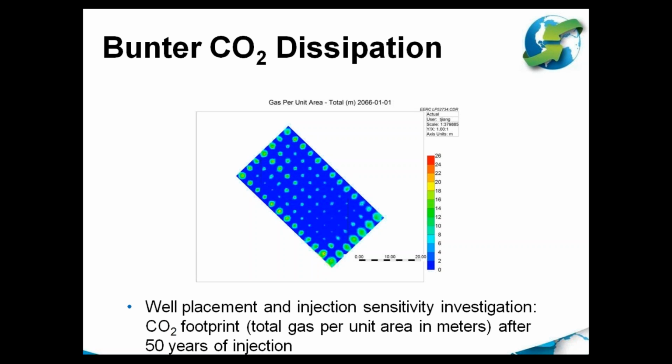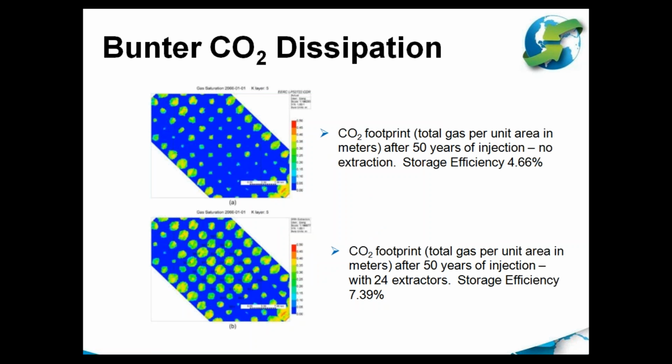If we now look at the same phenomenon, but now include extraction, you'll notice that the storage efficiency where there is no extraction, which is the top image, compared with the lower image where extraction is assumed, goes up, and that is what you would expect.